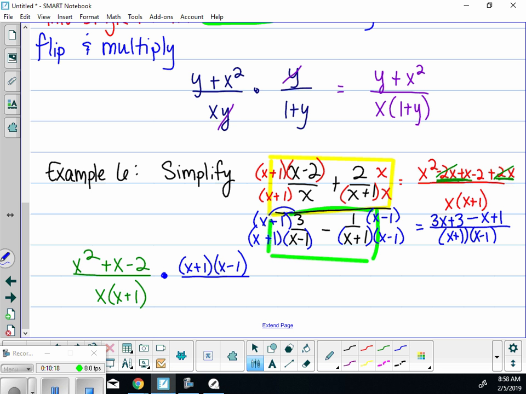And my numerator here, my 3x plus 3 minus x plus 1, is going to be on the bottom. Let's simplify it. 3x subtract 1x is going to leave me with 2x. Plus 3 plus 1 is going to do plus 4.